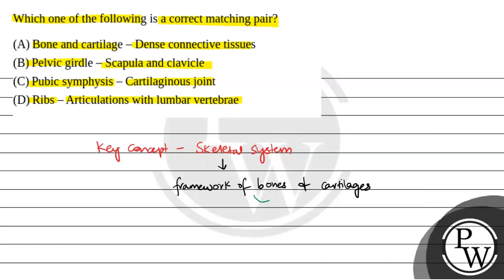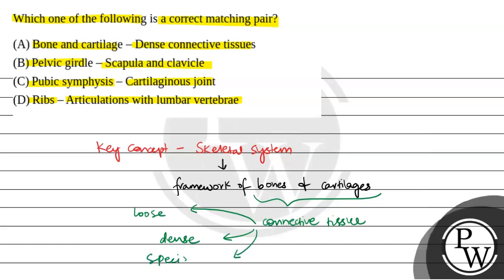Bones and cartilages are connective tissue. There are three types of connective tissue. First होता है loose connective tissue, second होता है dense connective tissue, and third होता है specialized connective tissue. So bones and cartilages are specialized type of connective tissues.